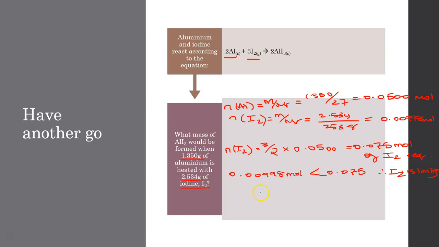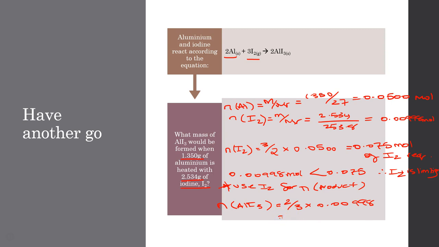This means that now I will work out the amount of product based on iodine. So in this case, I'm now going to work out the mole of product, aluminium iodide, based on the number of mole of iodine. So my mole ratio will be what I want, which is 2, over what I've got, 3, multiplied by the number of mole of iodine, 0.00998.